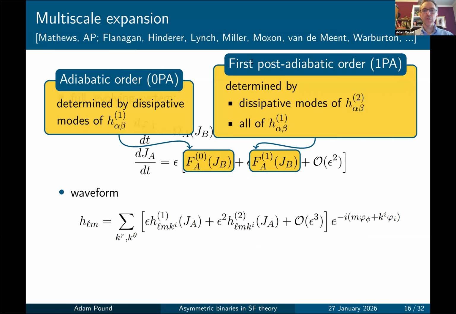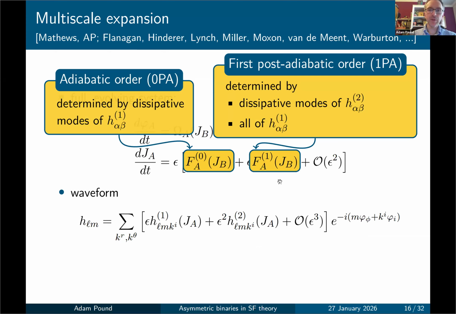Actually, maybe I'll say a bit more about the reason for that. The reason is that the phase accumulates a lot over an inspiral. It accumulates, say, 10 to the 5 cycles. And the evolution of that leading phase is coming from this 0PA term. The correction is contributing an amount of cycles that is independent of the mass ratio.